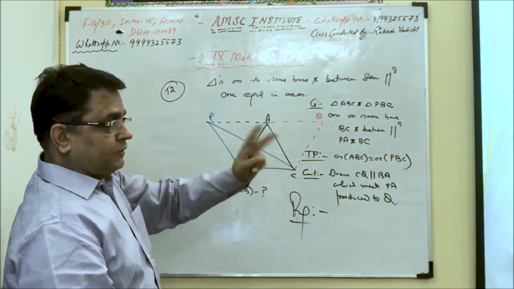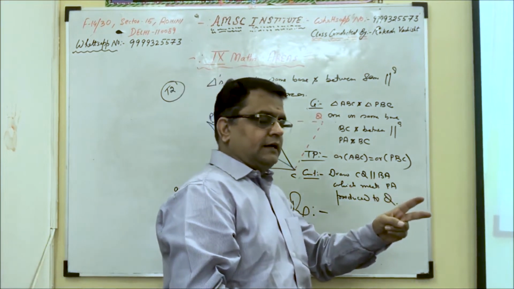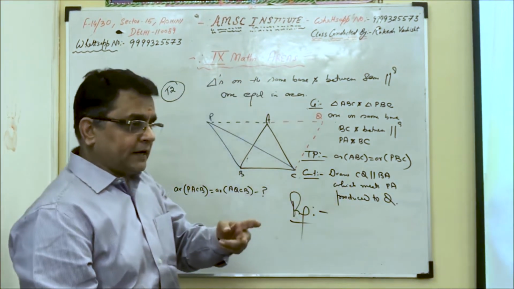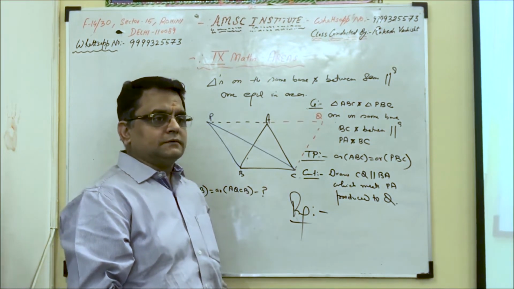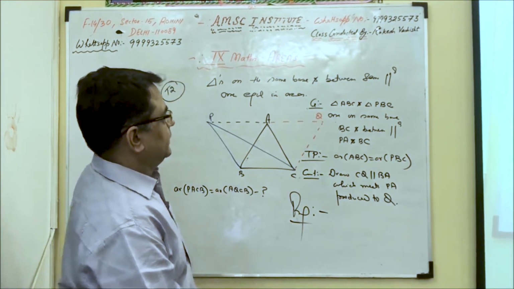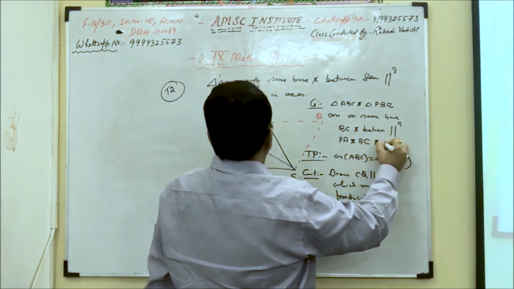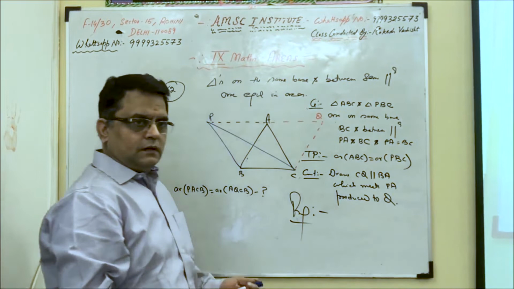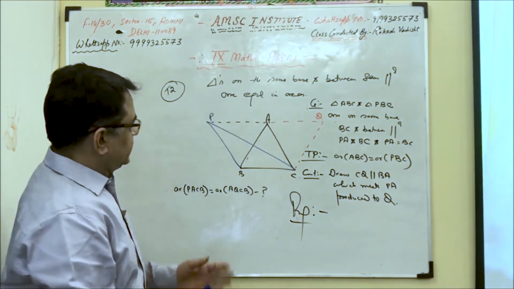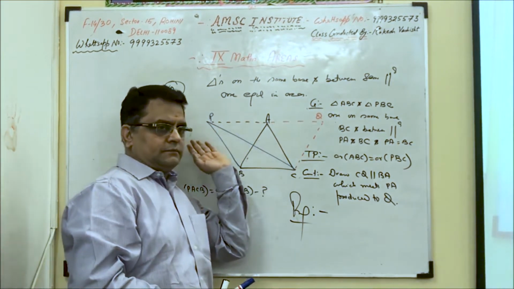And we know that if a pair of opposite sides of a quadrilateral are parallel as well as equal, then the quadrilateral happens to be a parallelogram. यहाँ लिखना जरूरी है. And PA equal to BC. Is that clear? Then in that case it happens to be a parallelogram.